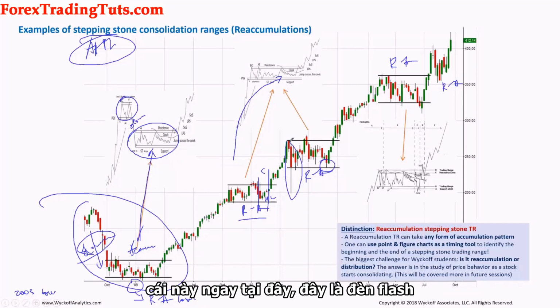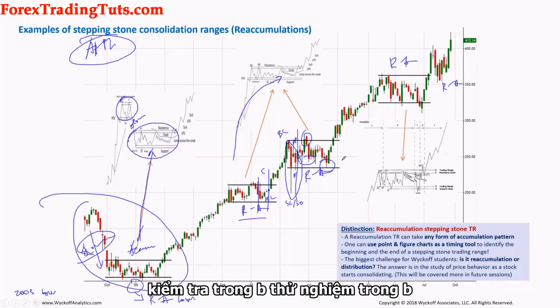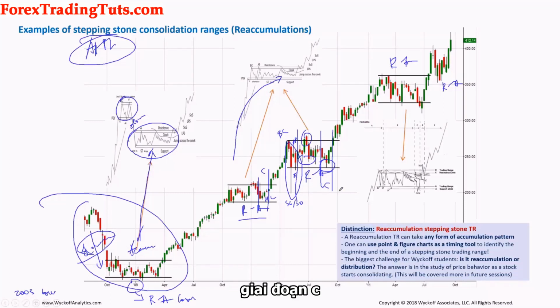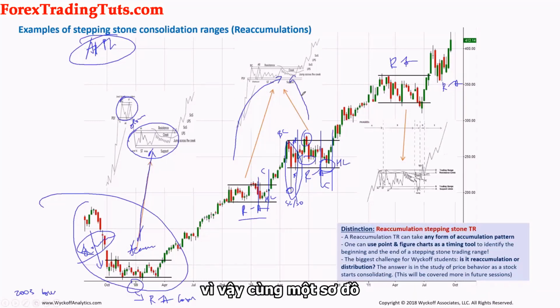This one right here, this is the flash crash on May 6 in 2010. Here is that example where you could label a buying climax, selling climax, or a shakeout, and it looks like a shakeout. Automatic rally, secondary test, phase A, test in B, phase C, and relative to the previous low, the flash crash low, this is a higher low again, so the same schematic.